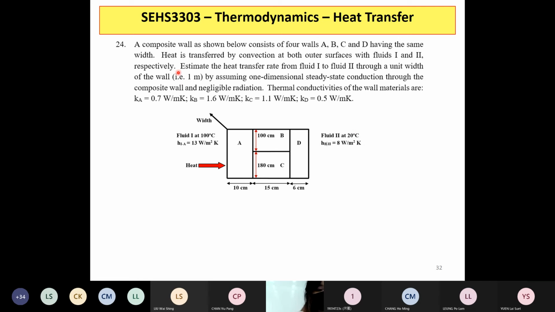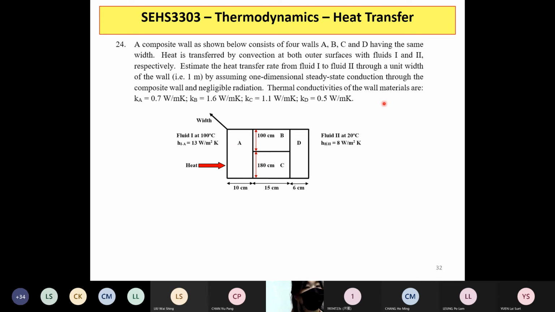We'd like to estimate the heat transfer rate from fluid 1 to fluid 2 through a unit area of the wall, let's say 1 meter.